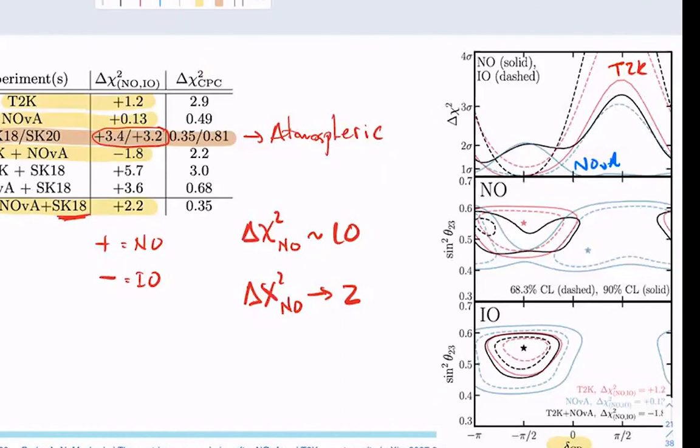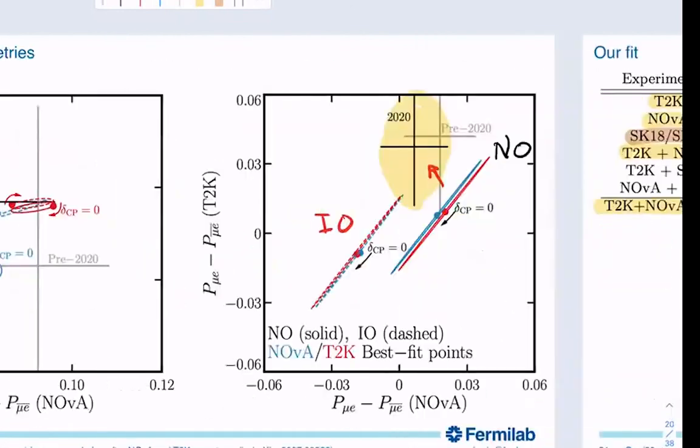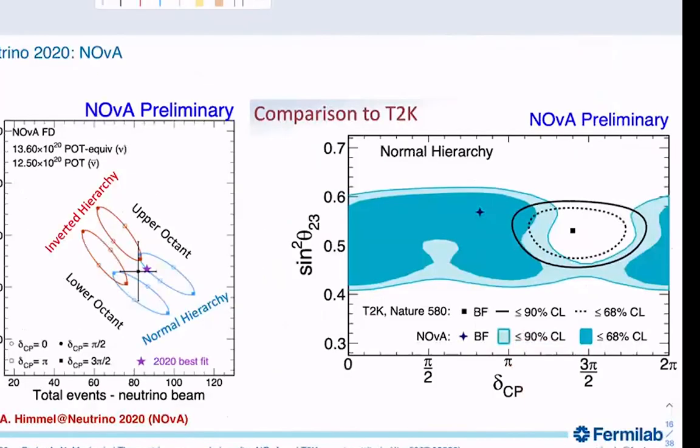I think the idea is that the experiments changed, but there were 2 things before that were pointing to normal ordering. The first one is, let me go back to the old data.